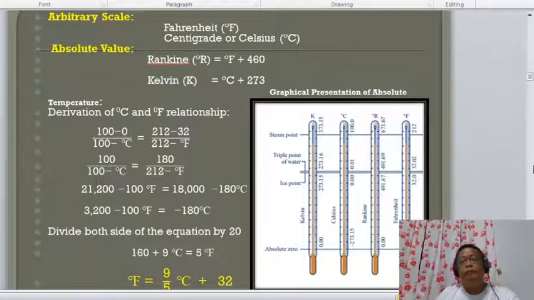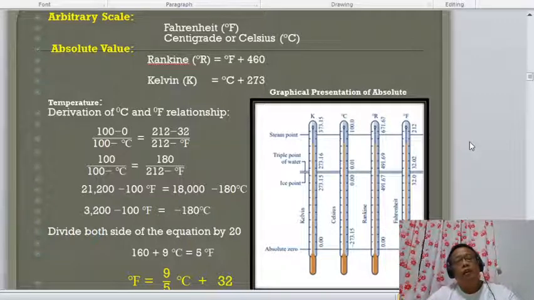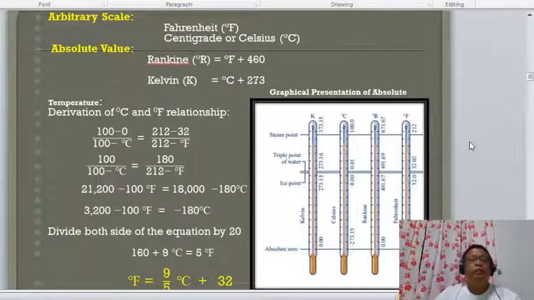Knowing from the previous slides the comparison of the two scales, as mentioned a while ago, the water will start to boil in the Celsius scale at 100 and solidifies at 0.